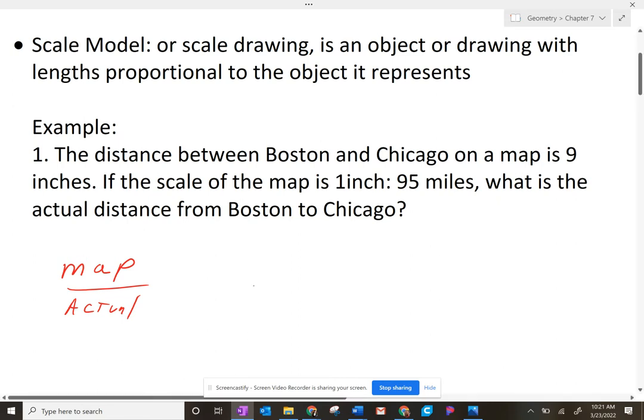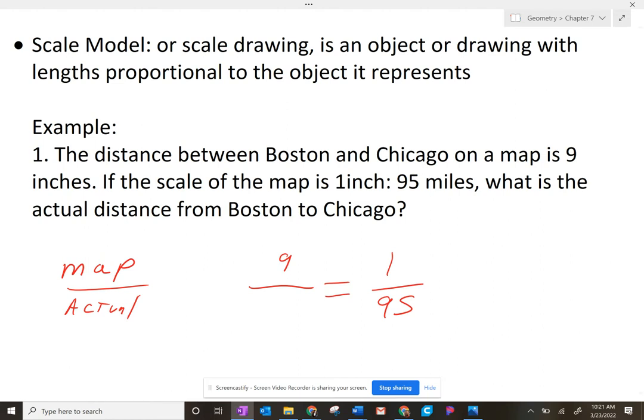So it says between Boston and Chicago is 9 inches. And then it says my map scale is 1 inch is the same as 95 miles. So I want to figure out how far the actual distance between Boston and Chicago is. As soon as you figure out how you're going to set it up, it turns into just another one of those cross multiplications.